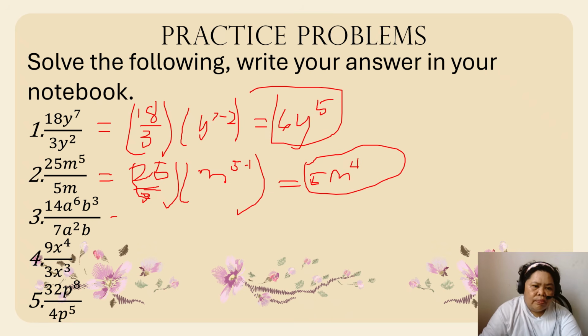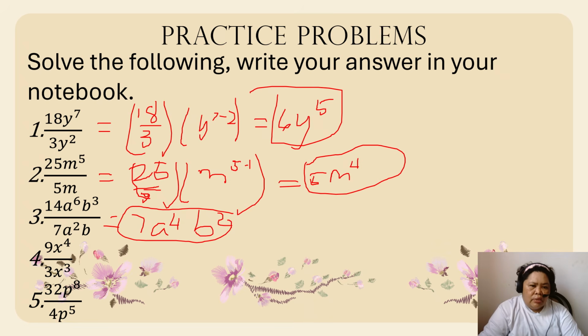Okay, next. 14 divided by 7 is 2. For a, we have 6 minus 2 is 4. For b, we have 3 minus 1 is 2. Okay, so this is the final answer. Now, how I get this, you just follow what we did here on number 1 and 2.